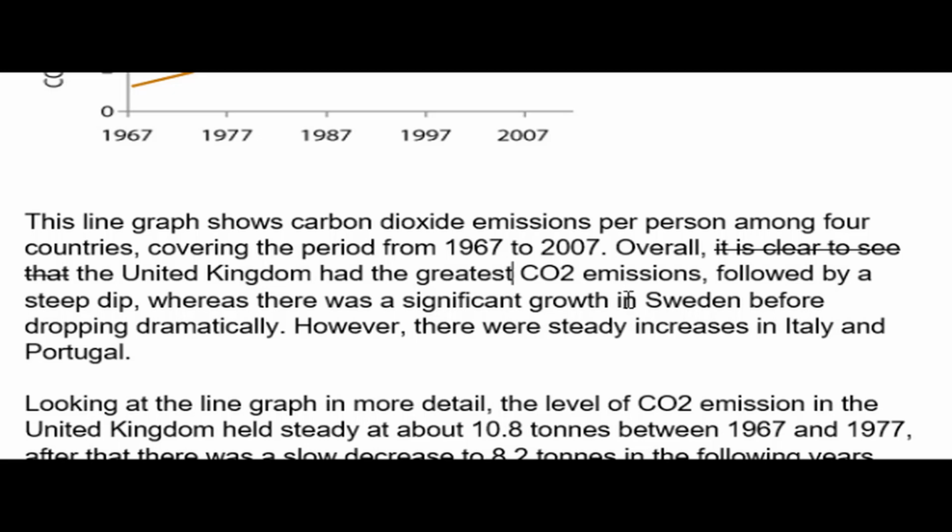But what do you mean? Followed by means a specific event happened, which was followed by another specific event. If you say overall, that's a general trend. A general trend cannot be followed by anything. A general trend is the general overall trend. Overall means from here to here. There's nothing following 2007. It's the last date on our x-axis.